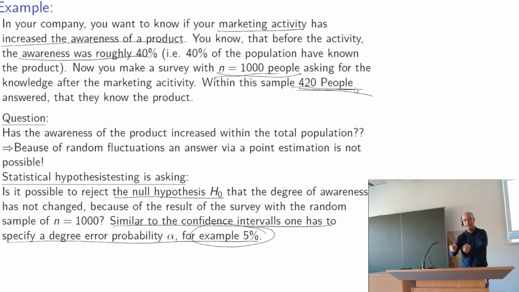Very often I formulate it like this, because I want to have the case that I can reject this null hypothesis. And in opposite, I can say, with probability 95%, that the world has really changed.